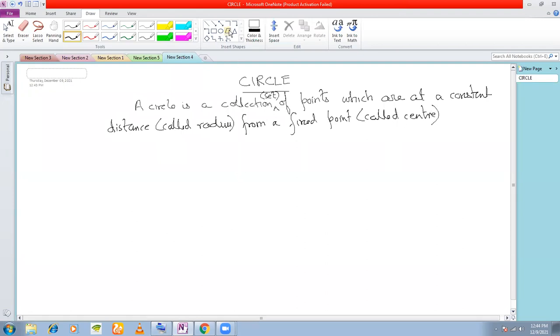Okay, so let's see, if you have a circle here, any point that you take, let us take the points P1, P2, there are an infinite number of points on the circle. I've taken 6 points, you can take any number of points. These points will all be at a constant distance from the center.